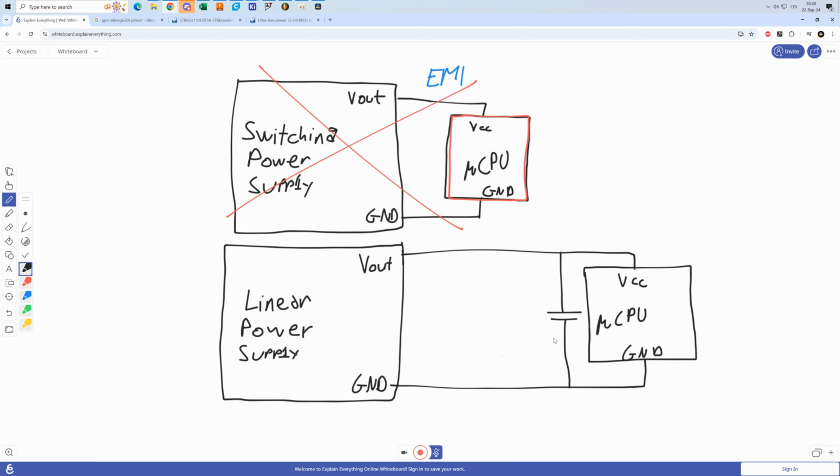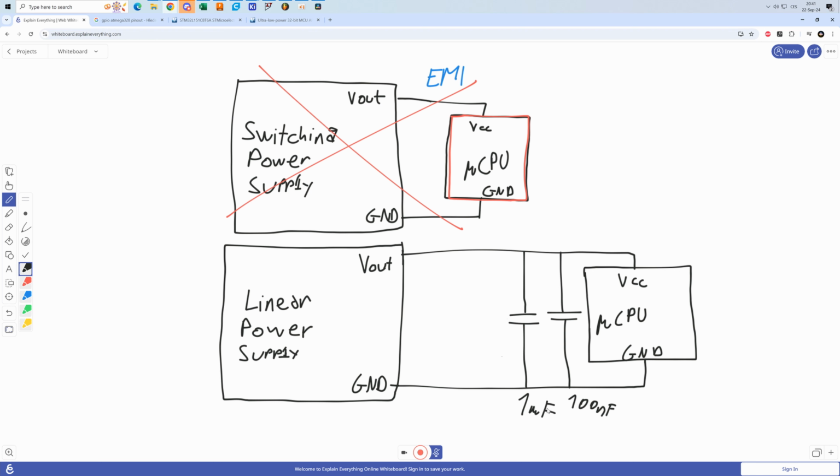And we usually add one capacitor over here, which is typically 100 nanofarads, which is just a very common capacitance for this purpose. And sometimes we also add another capacitor in parallel, and this one usually is a bit higher in value, let's say 1 microfarad or perhaps even 10 microfarad.